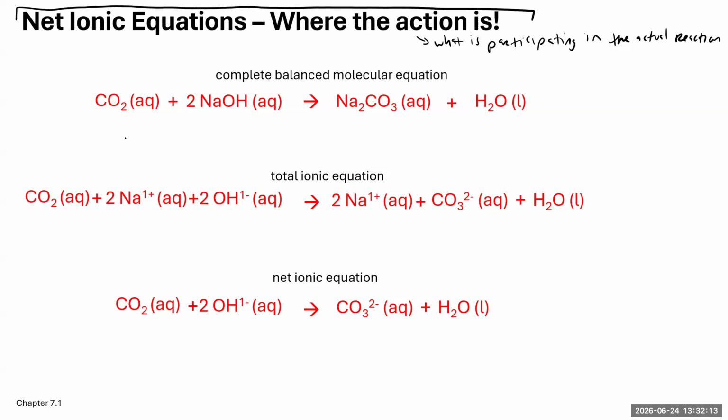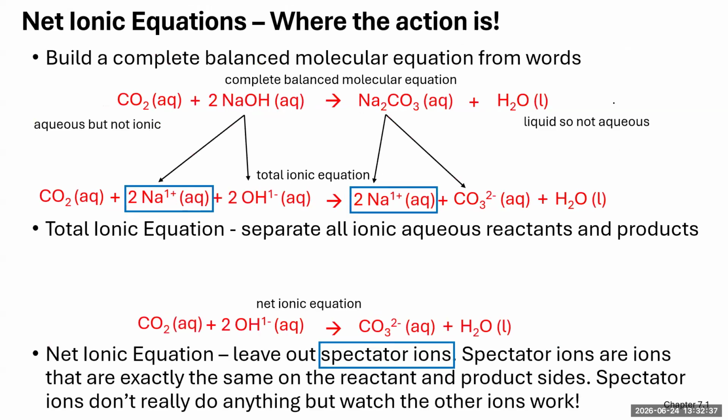Only things that can be separated into ions, ionic stuff. Ionic is a metal and a non-metal, or something with polyatomic ions. Metal, non-metal, polyatomic ions.